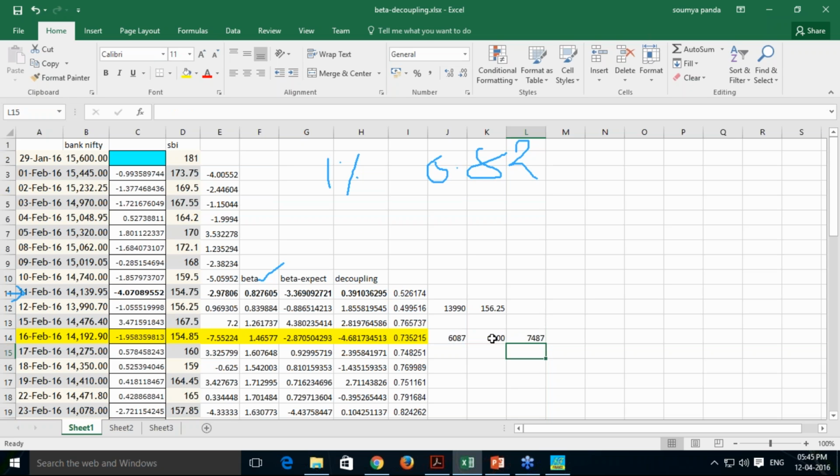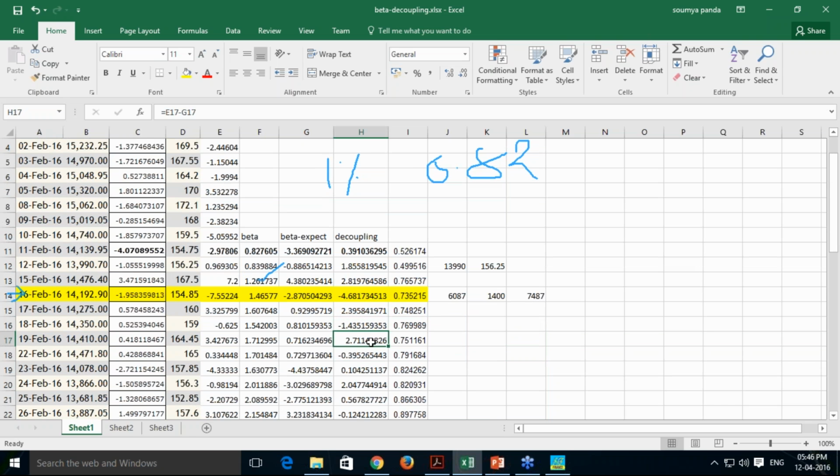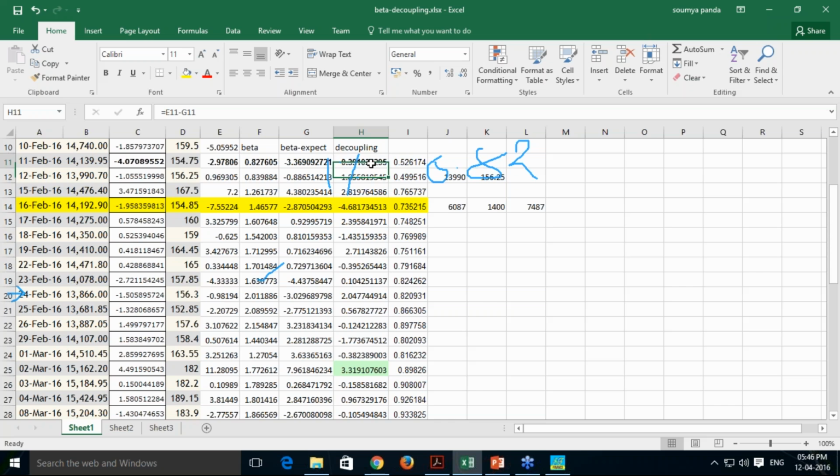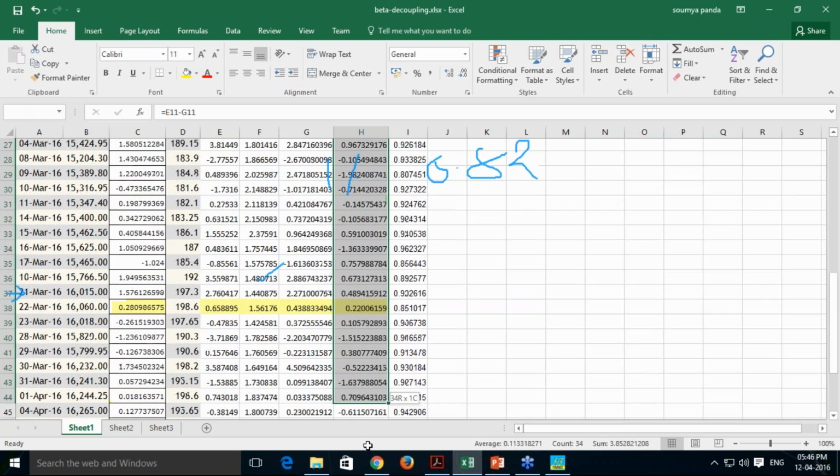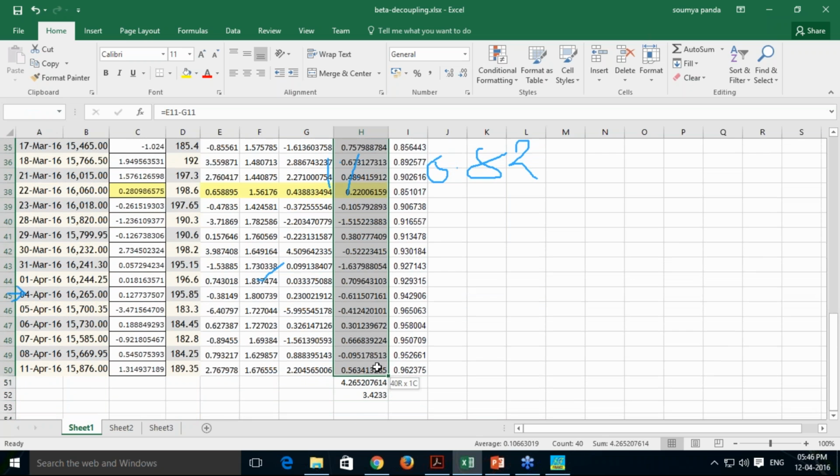This phenomenon, if you go on checking: decoupling perished, again decoupling has come, it has again reduced, again increased. Throughout this 3 months of data, if you go on inspecting, each time it recouples you are in profit, and each time decoupling happens you are in loss. So the same phenomenon continues.